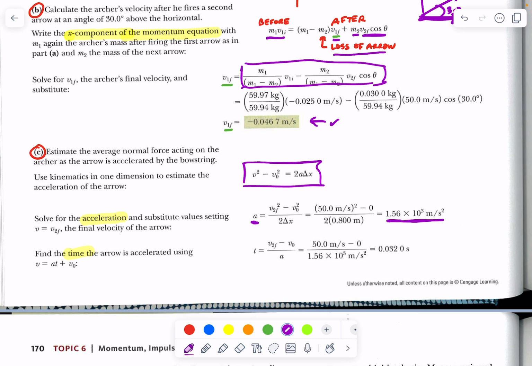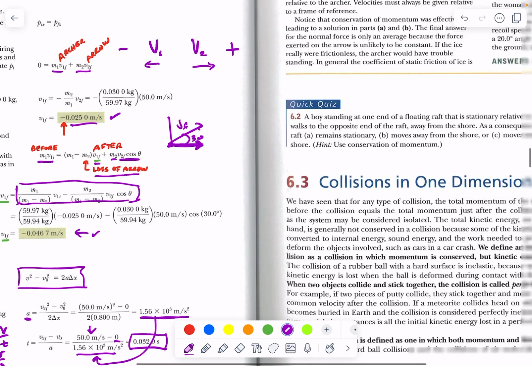And that is by taking, if we know that acceleration equals velocity divided by time, therefore time is going to be the velocity over the acceleration. And here's my change in velocity from speed of 0 up to 50 meters per second. And here is my acceleration, which is down there. And now we can find the time that the arrow is connected to the bowstring of the bow.